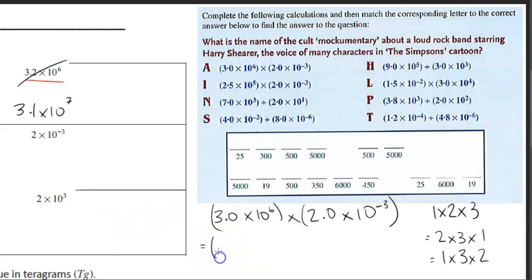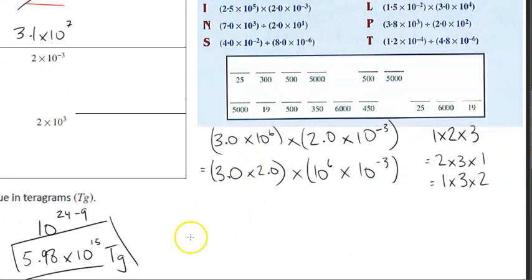In other words, I can do 3.0 times 2.0 for the first part, and this can be multiplied by 10 to the power 6, times 10 to the power negative 3. And with this logic in mind, I know what 3 times 2 is. This is 6.0. And we have the same base here for this part.